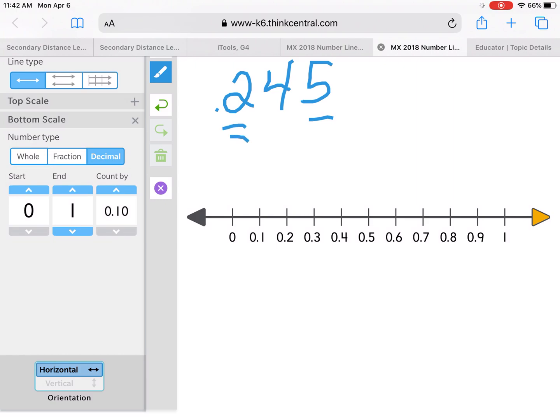I'm going to see that the 2 in the tenths place is going to position this number somewhere between the 2 and 3 tenths, because the 2 in the tenths is my first clue, and the 4 is an indicator that it's almost halfway between. Okay, so I'm going to position the 245 thousandths about right here.